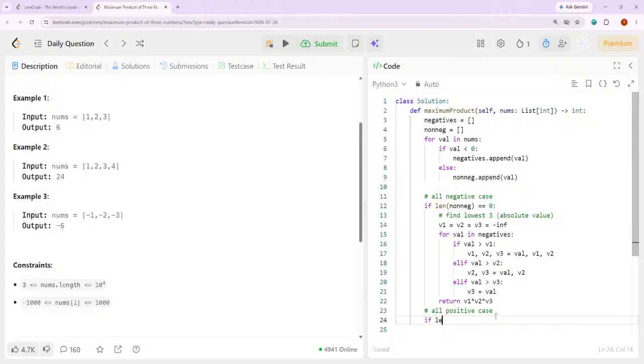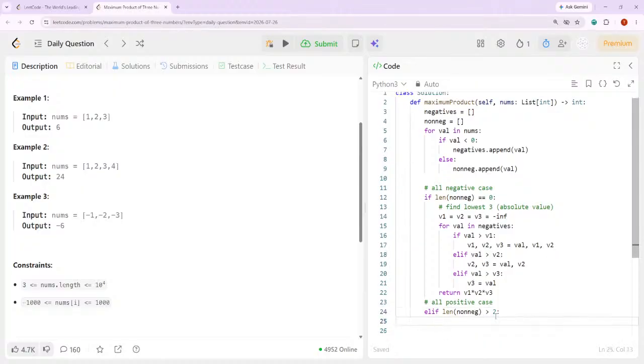So if the length of the non-negative, I guess this should be else if, right? Else if the length of the non-negative is greater than 2, so there's at least 3, then this is find biggest 3. I guess I find the biggest 3 in any case, right?